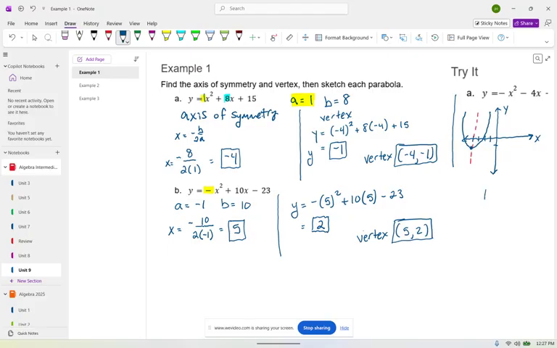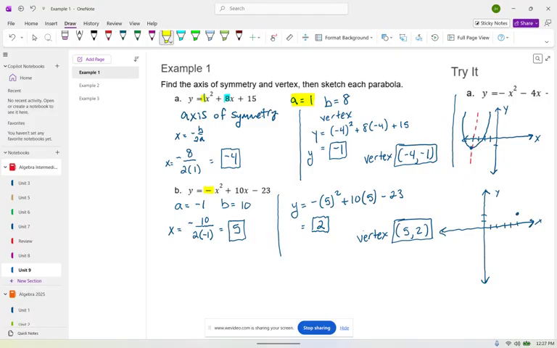So again, we're going to come over here, create some axes. We're going to do a sketch. We have our x and our y. We're going to go over to x equals 5. So 1, 2, 3, 4, 5, and up to y equals 2. Put a dot right there.